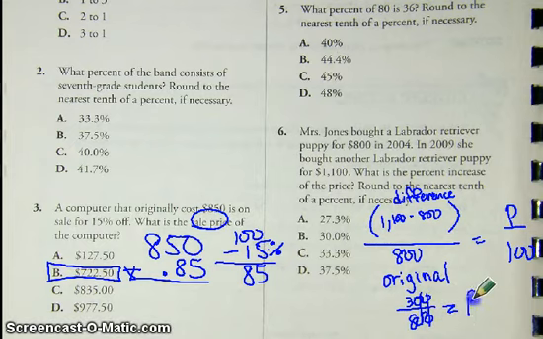And I can see that I can mark out the zeros there to simplify it. So I essentially have 3/8 is what percent out of 100. So multiply 3 times 100 and then divide by 8. And that should give you 37.5%.